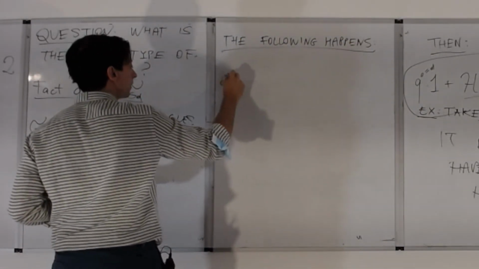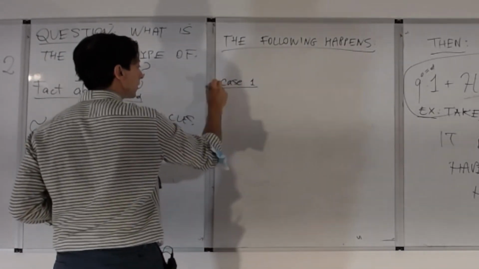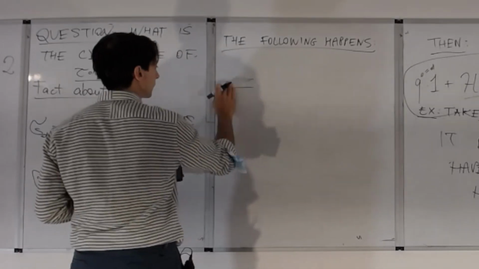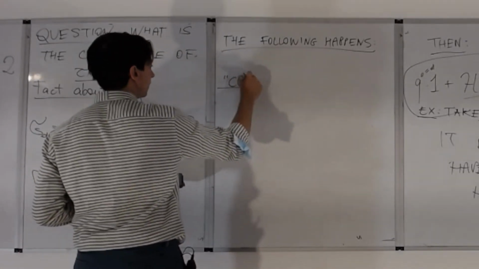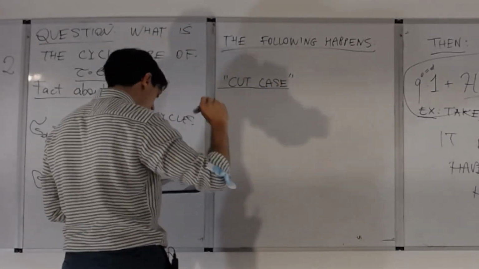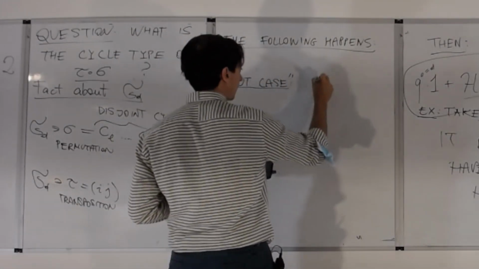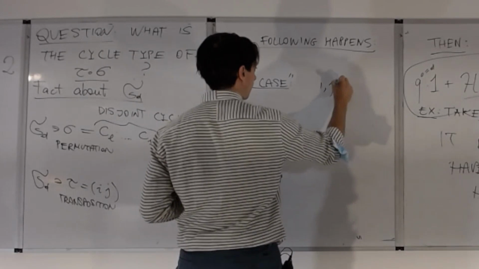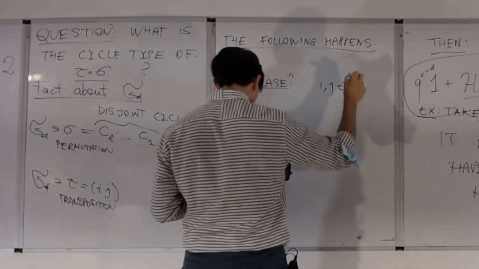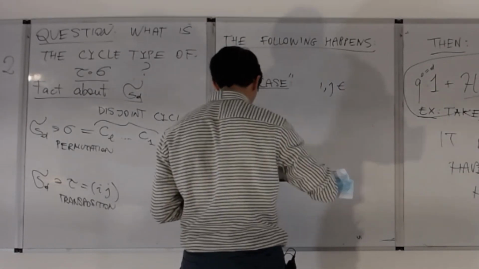Case 1, that I will call the cut case, by the way. Cut case is i and j both belong to the same cycle, mu_n.